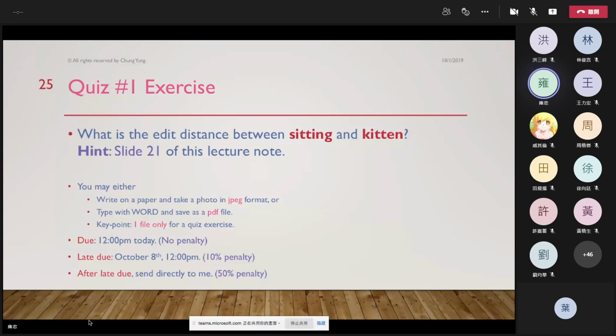The way we do the quiz is like this. You may either write on a paper and take a photo in JPEG format, or you may type your answer with Word and save as a PDF file. The key point is you upload only one file for a quiz exercise and try to use JPEG format or PDF format when possible, because I don't want to see something like 50 different types of files in your uploads.